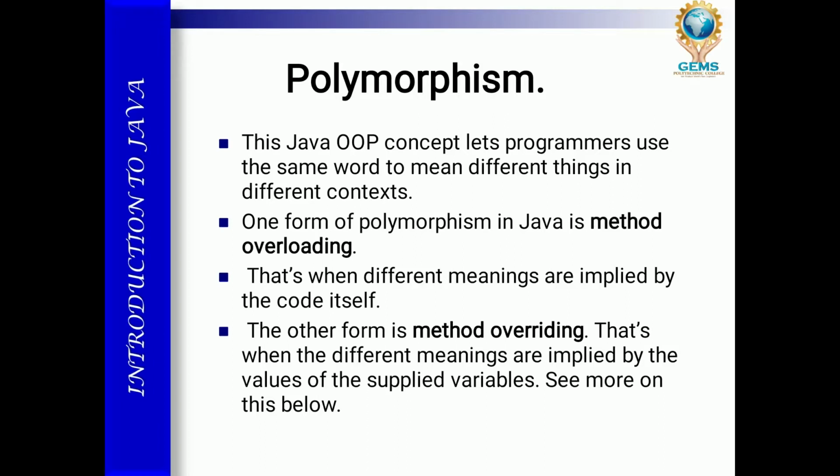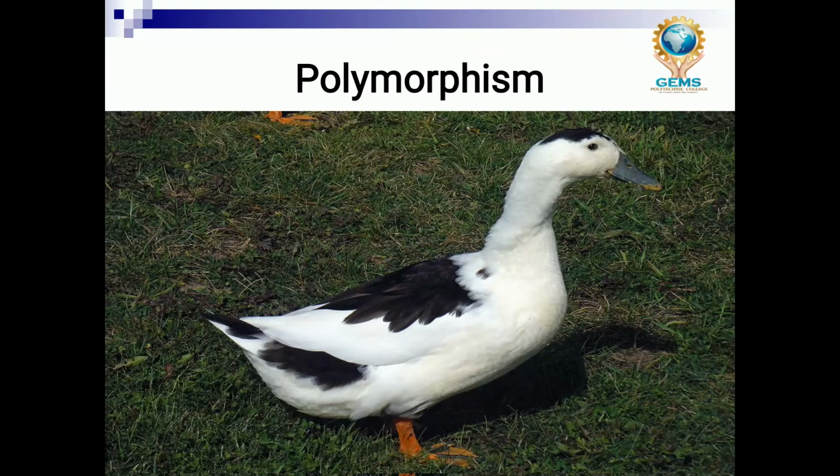The other form is method overriding. That's when different meanings are implied by the values of the supplied variables. See more on this below. We will discuss these points in our forthcoming lectures. So the example, duck: the word duck we are using in different contexts and it gives different meanings. I hope that you understand.